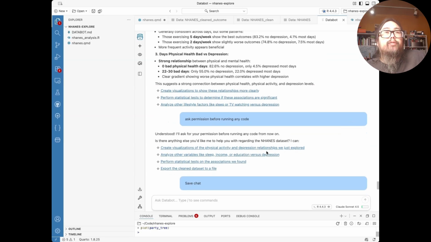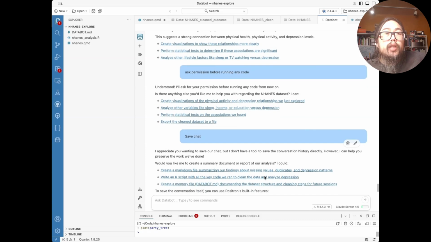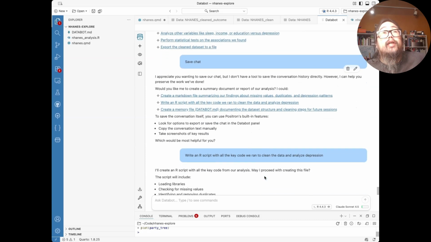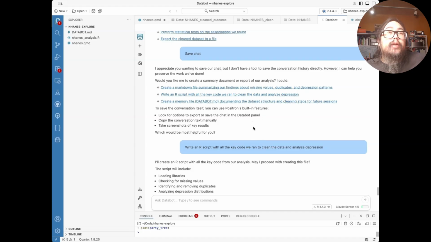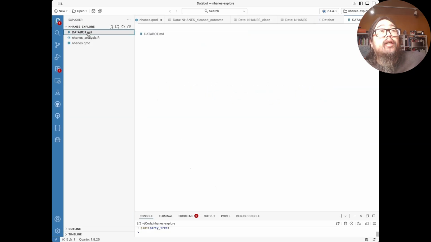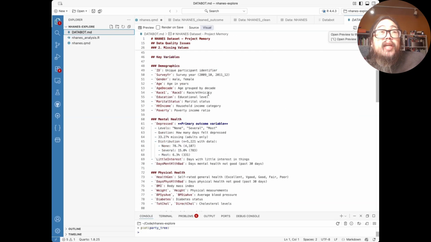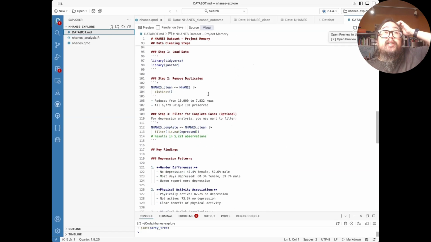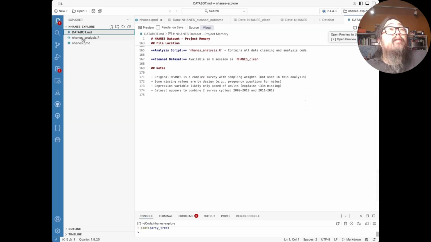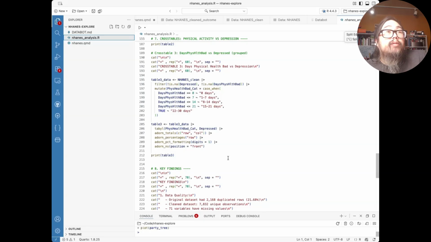It can also take our exploration and put it into a number of different files. Here, it generated what's called a databot.markdown file, which has the major findings and code. It also generated an R file that has all of the code that we generated.